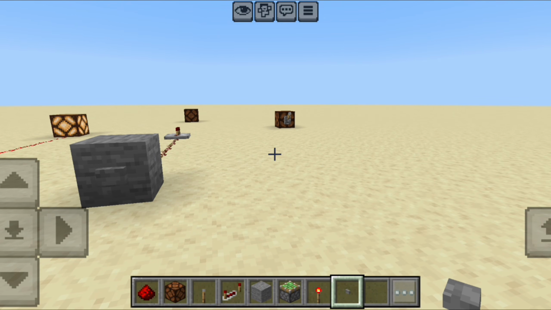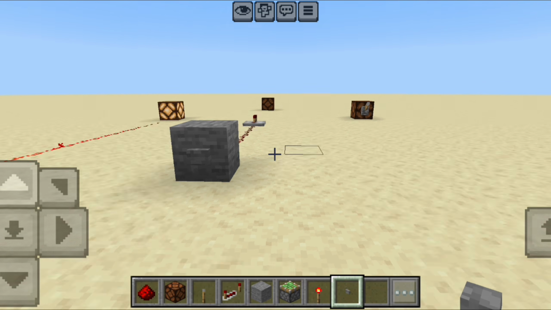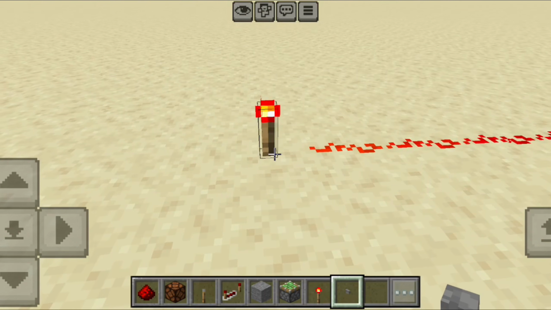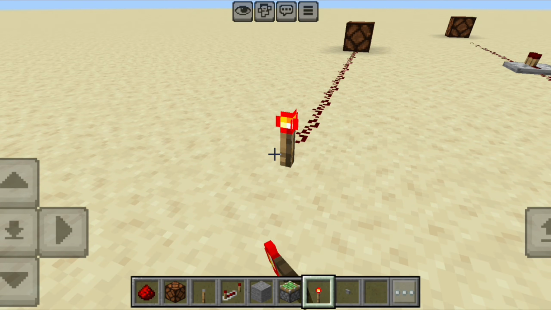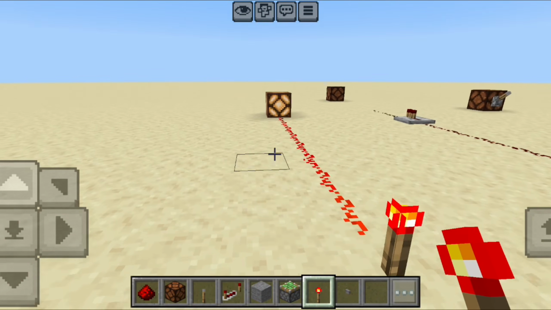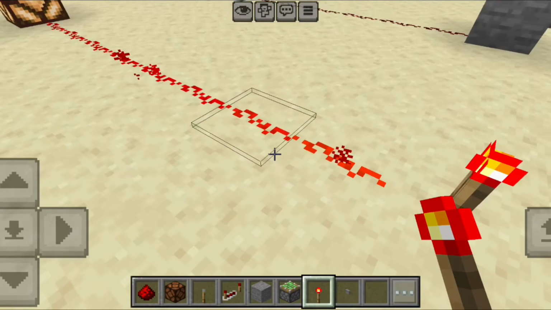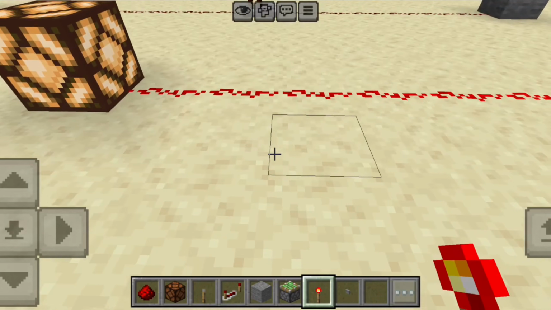Alright, rapid fire recap. Voltage is signal strength, the push. Current is what actually flows.